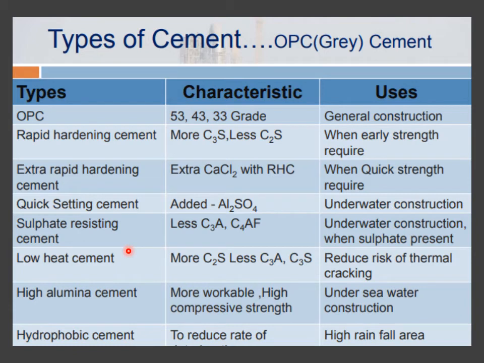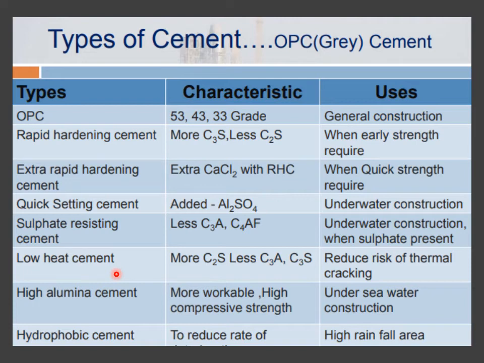Next we have sulfate resisting cement, which is also used for underwater construction, just to prevent sulfate attack, that is for sulfate resistance. And we have low heat cement because we know that when cement is mixed with water, it undergoes a reaction and heat is liberated. So if your construction is very huge, then the amount of cement you use is also huge, right?